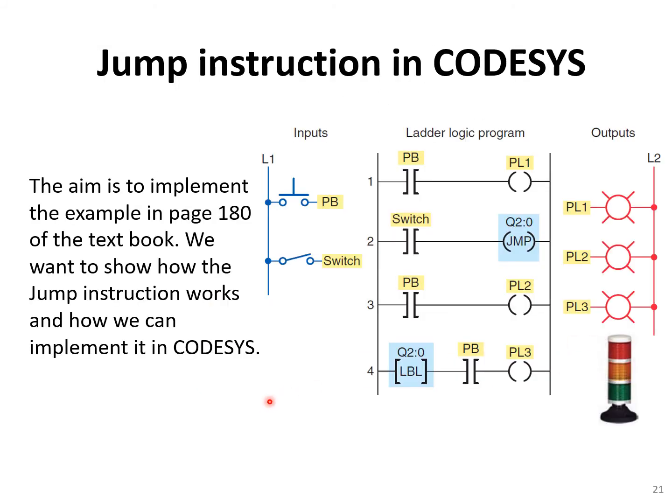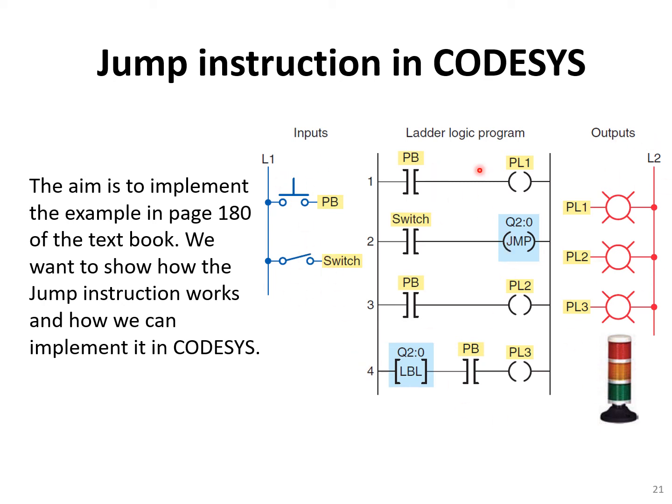Jump instruction in Codesys. The aim is to implement the example in page 180 of the textbook. We want to show how the jump instruction works and how we can implement it in Codesys. Okay, so we have 3 pilot lights, push button, and switch.